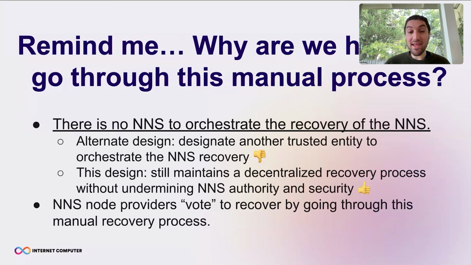And only then should they go through this process. And even then, we still require a critical number of node providers to go through this process to recover the subnet. So it really is a decentralized recovery process, without undermining the authority and security of the NNS. So I do think it's more sophisticated than it may look on initial glance.